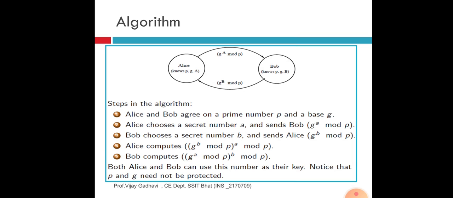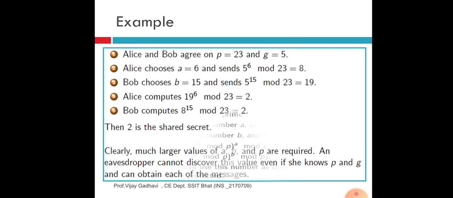Notice that P and G need not be protected. Here we say P and G need not be protected because both are a prime number and base G. For example, sender and receiver agree on the values P and G. Here we take P equal to 23 and G equal to 5.